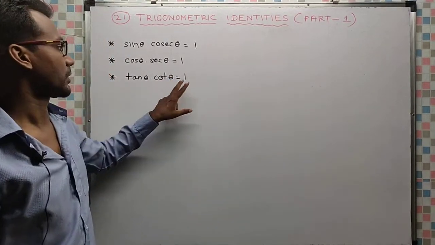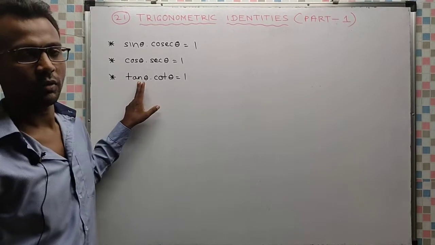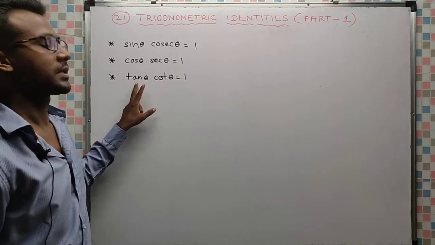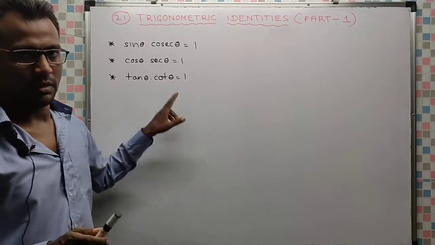Then tan theta into cot theta is 1, because they are reciprocal of each other. So simply tan theta will be 1 by cot theta, and simply cot theta will be 1 by tan theta.